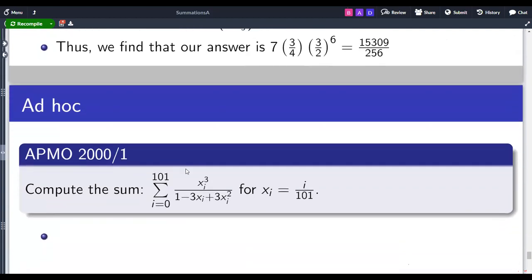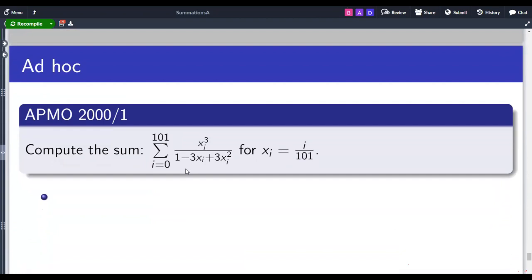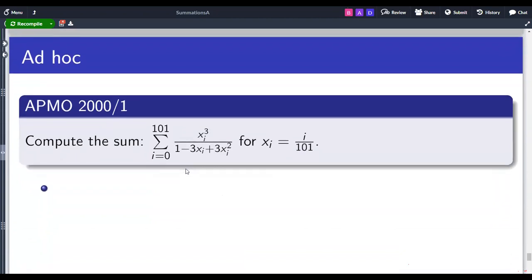Okay, so now we're going to cover a few more problems that didn't really fit into the sections that we had, but they're good problems to include. So first we have this question from APMO. I'll give you a minute to read it.